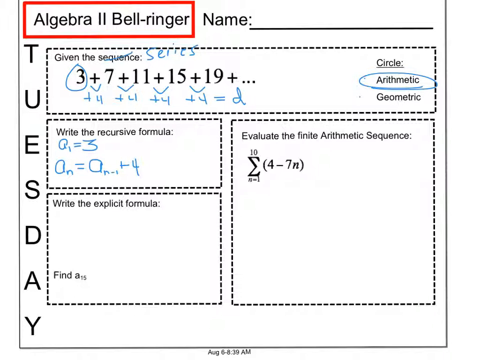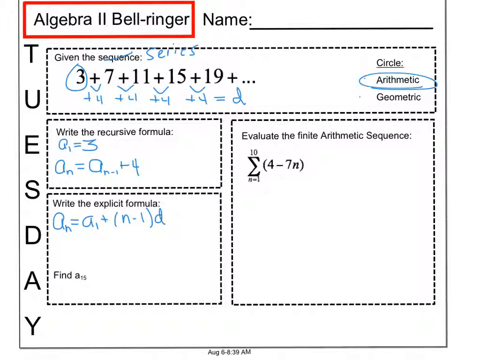Now we need to write the explicit formula, which is a little bit more useful for making number calculations. And since that's an arithmetic series, we have a certain formula for that. So to get any term that we want in that pattern, we can take the first term, so a_1, plus n minus 1 times the common difference.